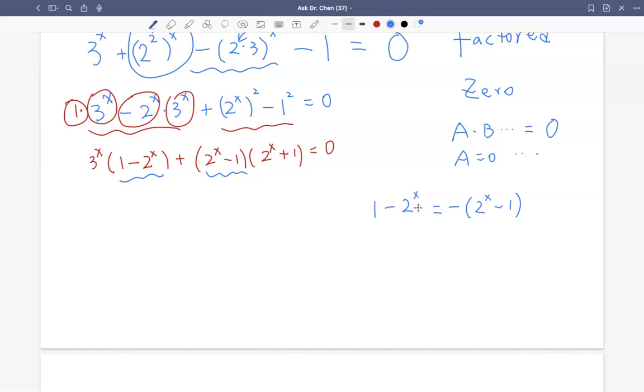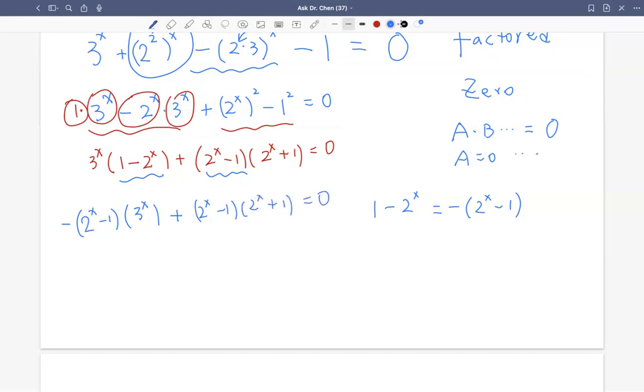We still have 1 minus 2 raised by x. So let's rewrite as 2 raised by x minus 1 times, let's put the negative sign here, times 3 raised by x. The second term doesn't change. The second term, we still have 2 raised by x minus 1 times 2 raised by x plus 1.